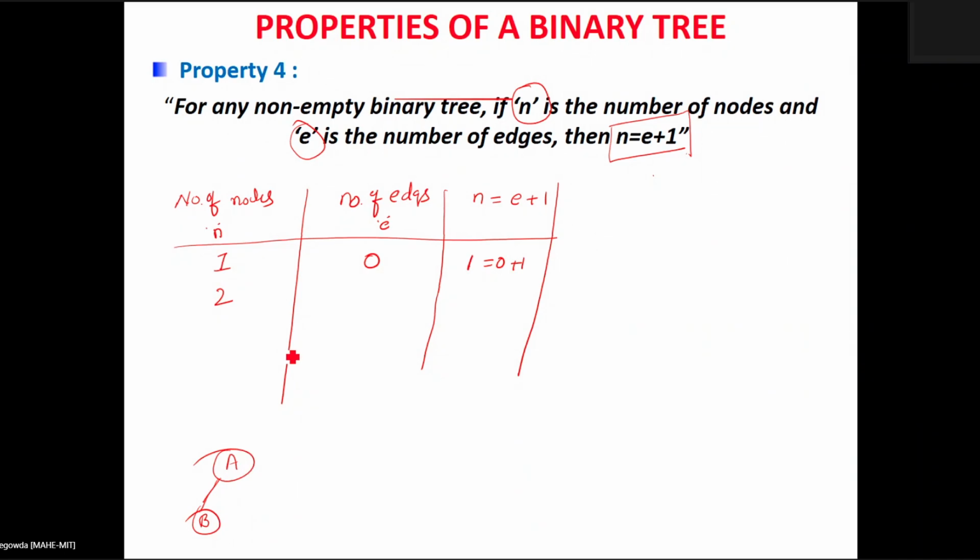How many edges are there? How many edges do you need to connect node B to the parent node A? That is one only. So according to the given definition, the total number of nodes will be equal to 2, but e is the number of edges, so these 2 nodes are connected by only one edge, so e plus 1 is equal to 2, that is 1 plus 1 is equal to 2.